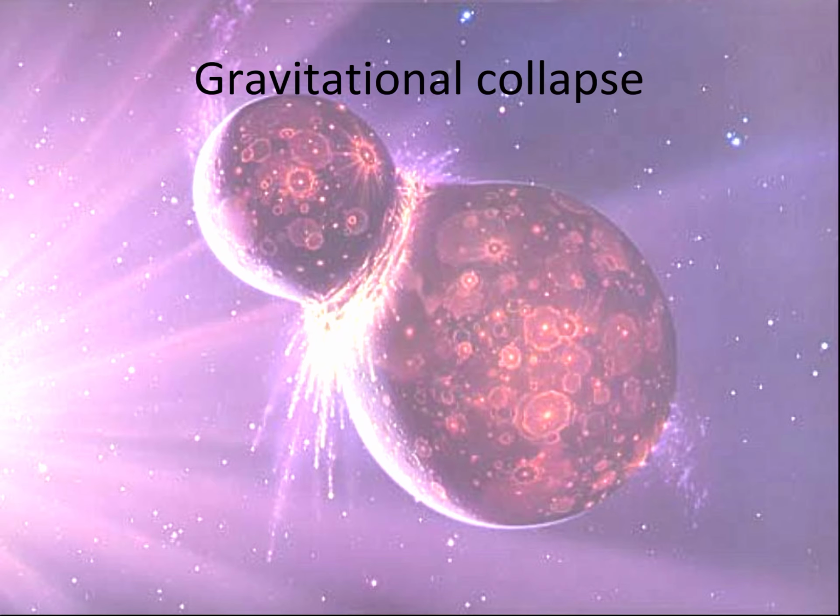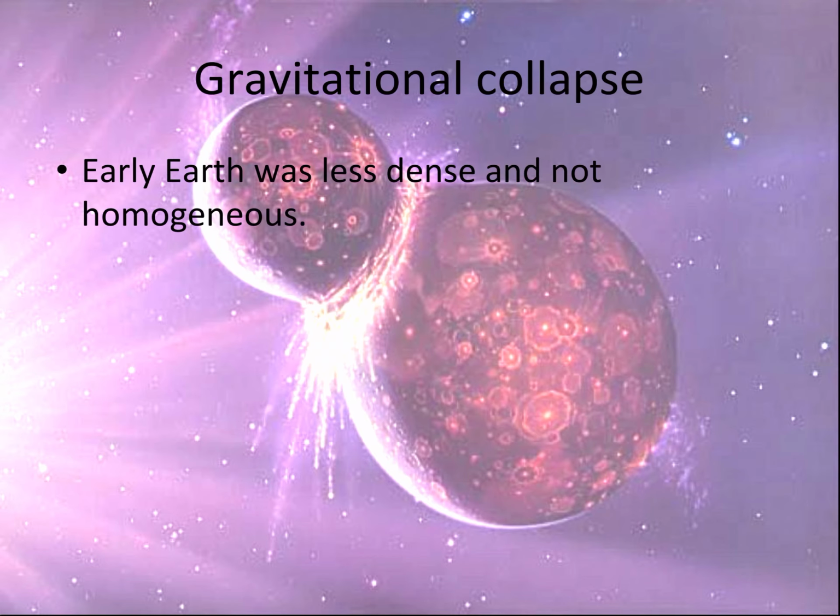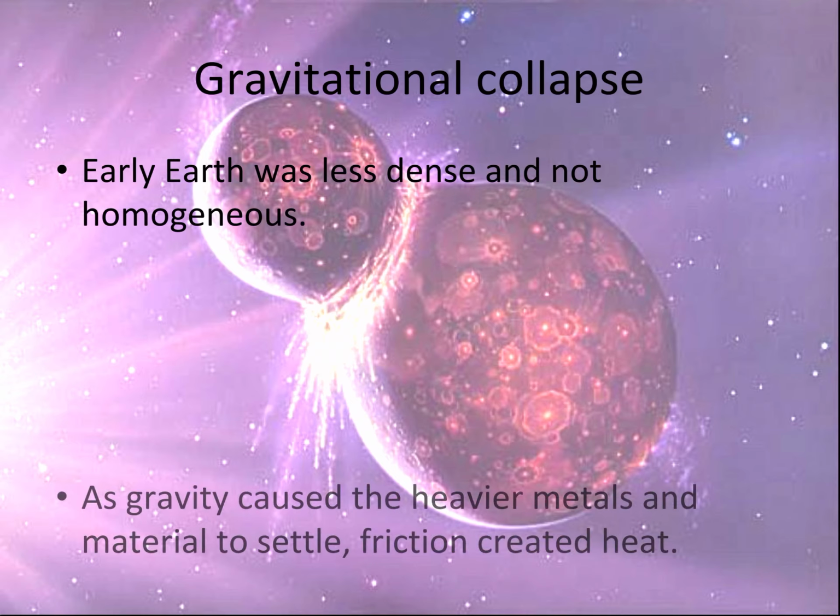And then the other part of that is what we call gravitational collapse. As the whole Earth was a molten hot ball, the densities had not mixed out yet. And that started to happen because it was all liquid.